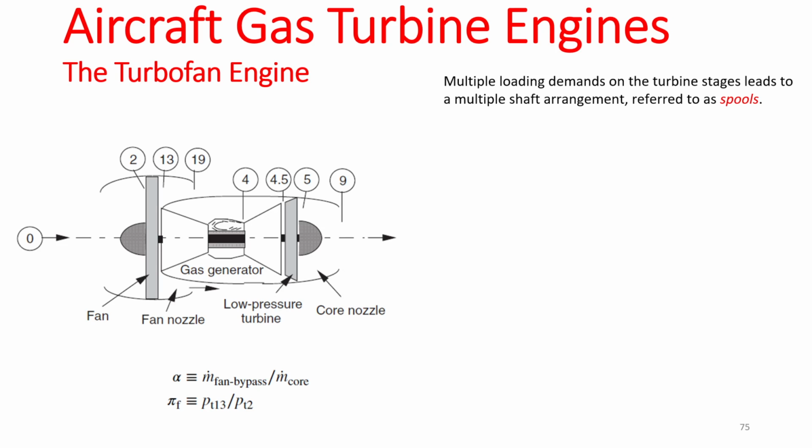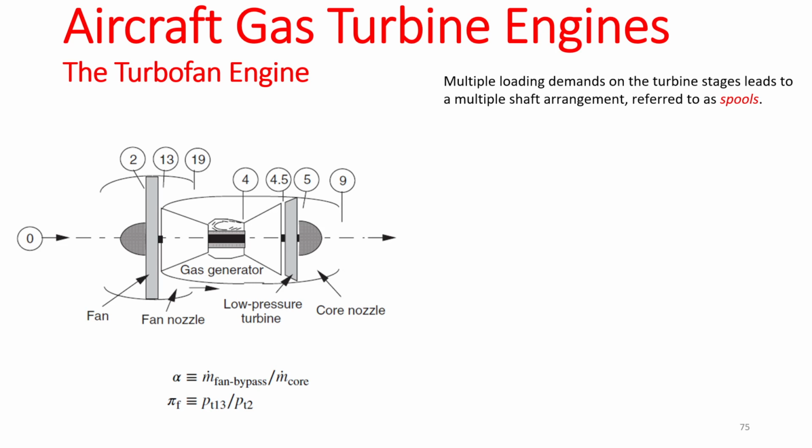The thing about the turbofan engines, as you can see, this is a turbofan engine. We actually have one additional station here, and you have to be aware of that, and that's the station 19, which is the fan exhaust. But not all of the turbofans look like this. We will talk about them shortly.